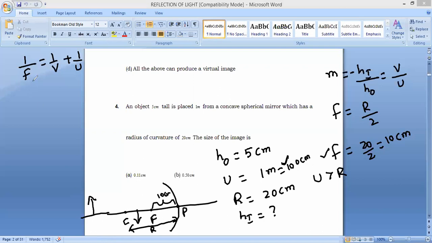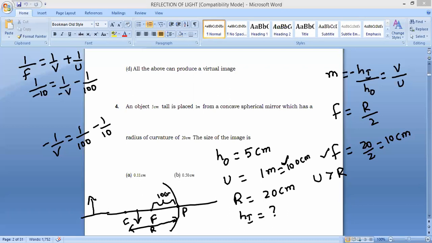So focal length is negative. So 1 by minus 10 is equal to 1 by V minus 1 by 100. So 1 by V equal to 1 by 100 minus 1 by 10.